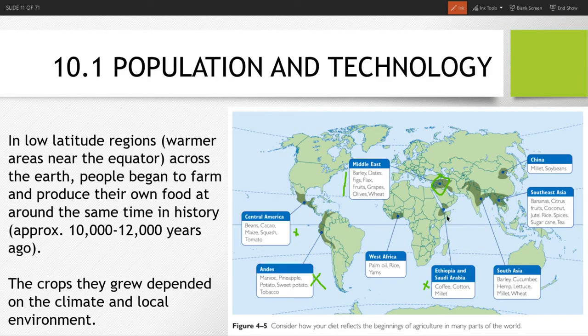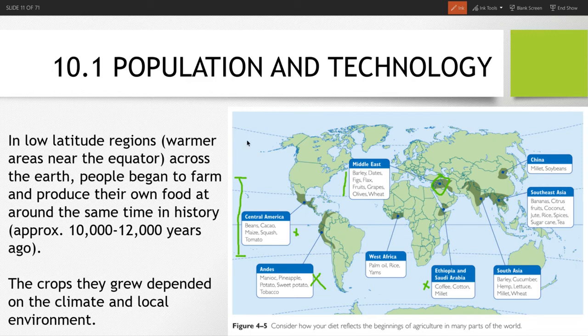And so, anyway, these are examples of crops that are being grown all over the world, or at least within this relatively low latitude area. Okay, spanning from here in the southern hemisphere, part way up the northern hemisphere here.